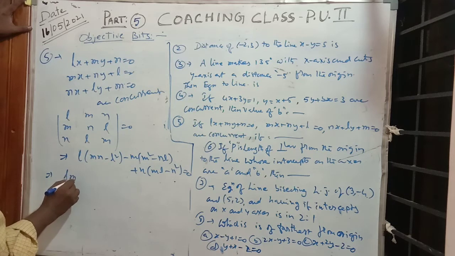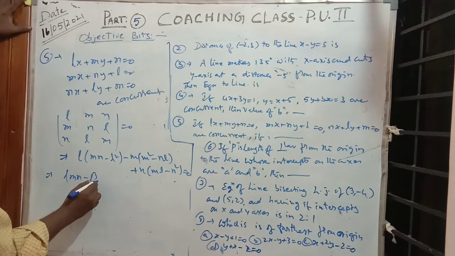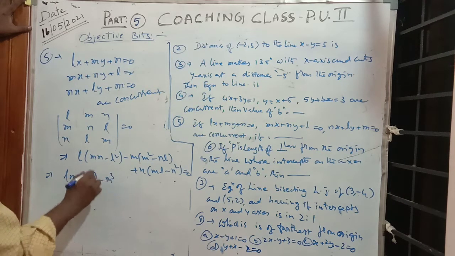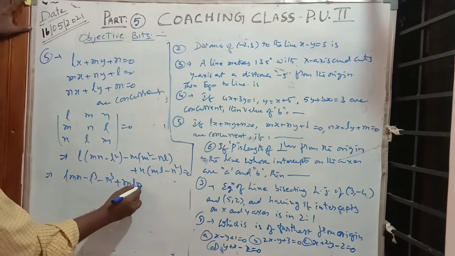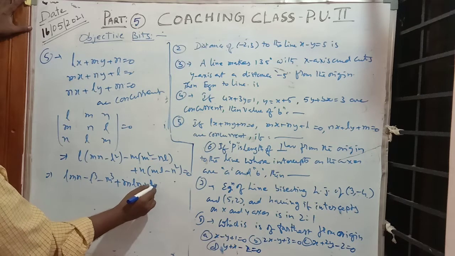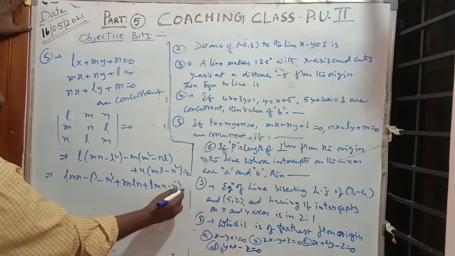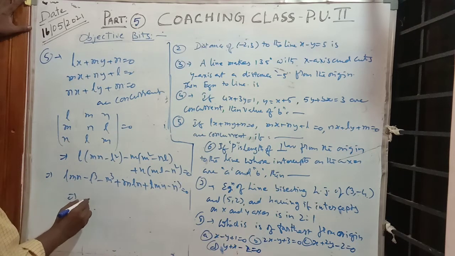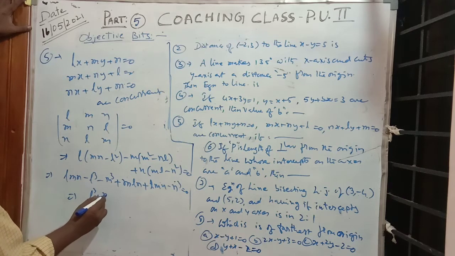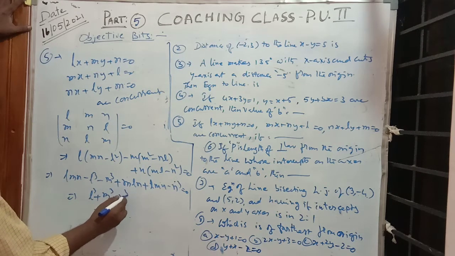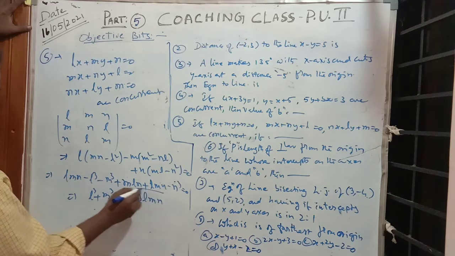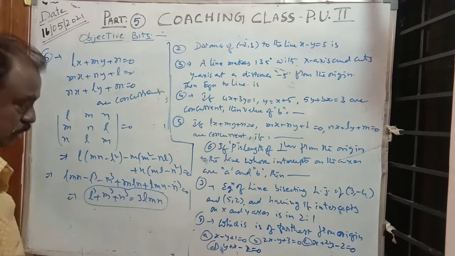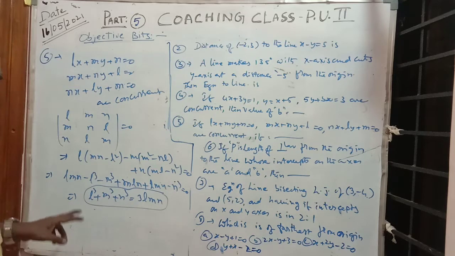It is LMN minus L cube, minus M cube plus MLN plus LMN minus N cube is equal to 0. That implies L cube plus M cube plus N cube is equal to 3LMN. Okay? Like this. You remember it.